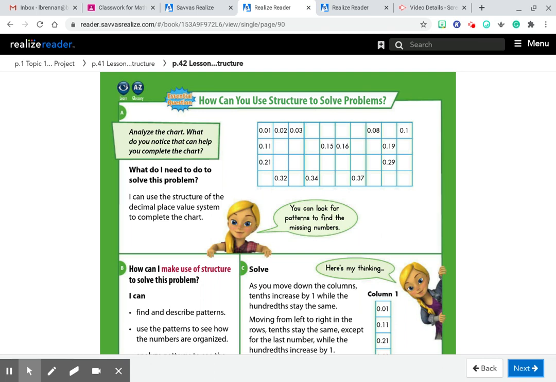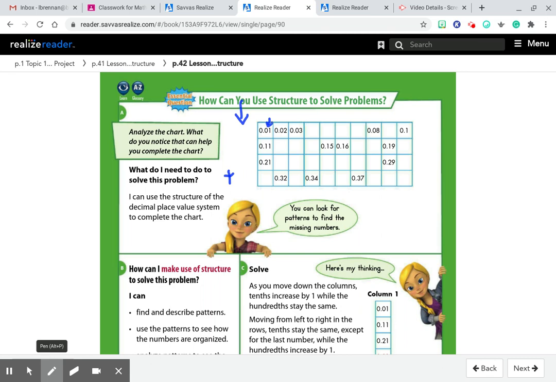So I want to look for the pattern here. As I'm going down in place value, as I'm going down the chart, I know the values are increasing. They're getting larger as we go down. So if I use my column here, I have 1 hundredth, this is 11 hundredths, 21 hundredths.